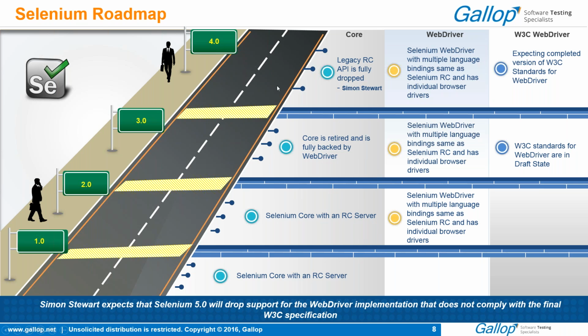In 4.0, WebDriver will continue as it is, and we may expect some changes by that time, but we are not sure yet. We are expecting the W3C standards to be finalized by then, and from there onwards, if any open source contributors or other tool vendors contribute to WebDriver and it is not compliant to the standard, those contributions will be dropped from the WebDriver API.